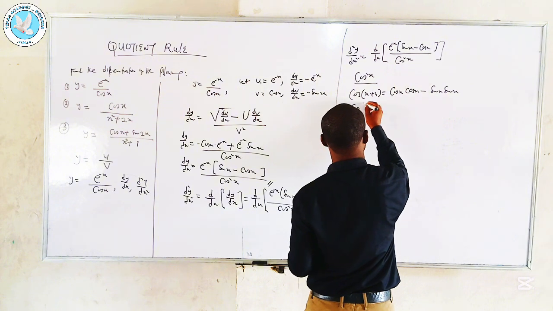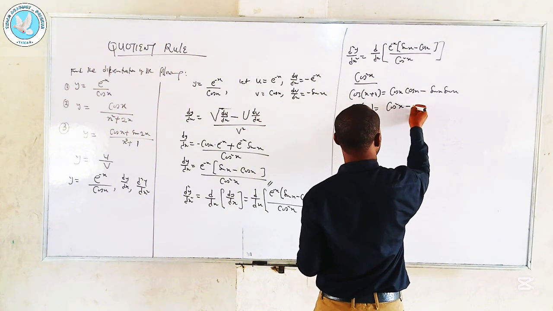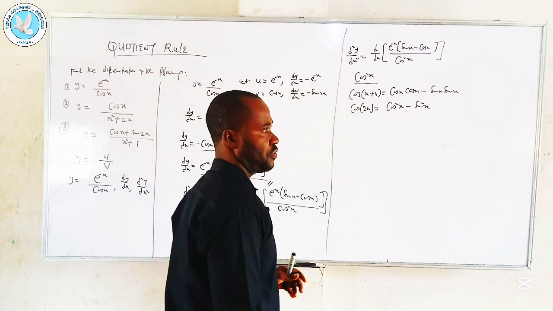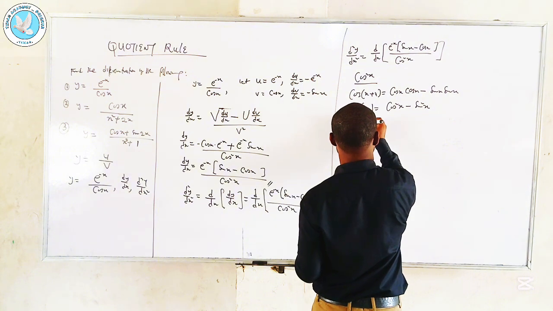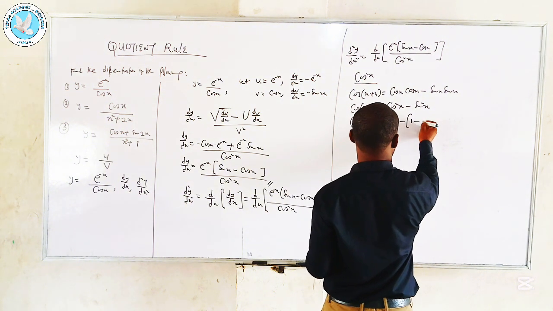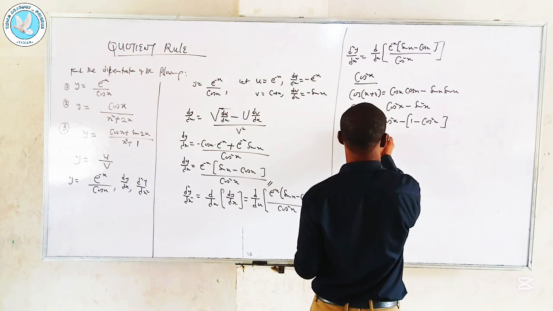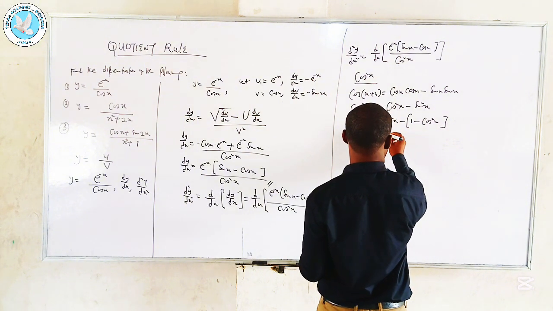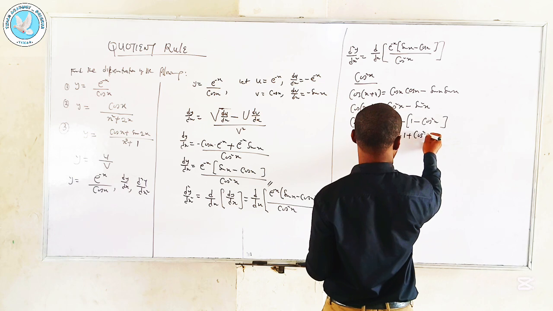So this is cos 2x, which gives us cos squared x minus sine squared x. Since we are looking for cos, we say that this is cos squared x into 1 minus cos squared x.